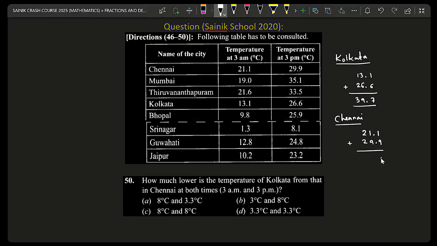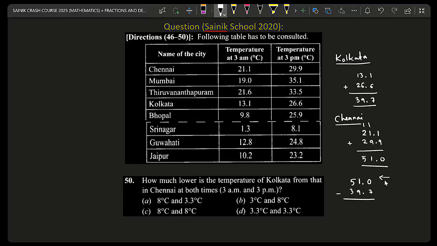Okay, you got 0, 1 carry, that is 11, 1 carry, that is 51.0. Now they're asking how much lower is the temperature of Kolkata from Chennai. To get the final answer, what do you need to do? Subtraction. From 51.0, you need to subtract 39.7. Start from right to left.